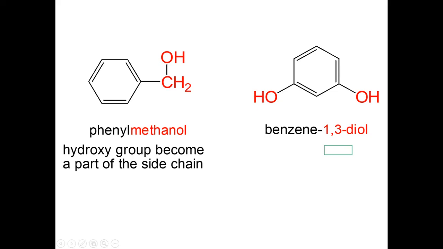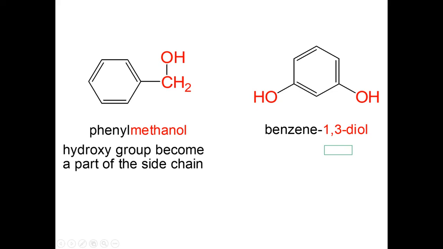Okay, phenylmethanol. For this structure, we make this red one the parent chain. When benzene becomes a substituent, the name will change to phenyl. So phenylmethanol. The hydroxy group becomes a part of the side chain. Okay.